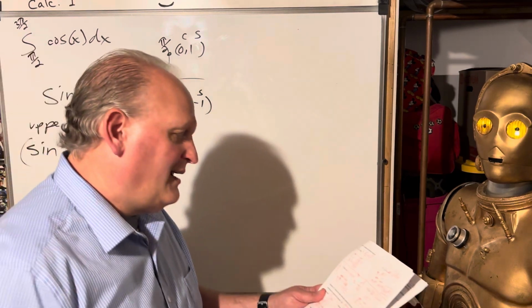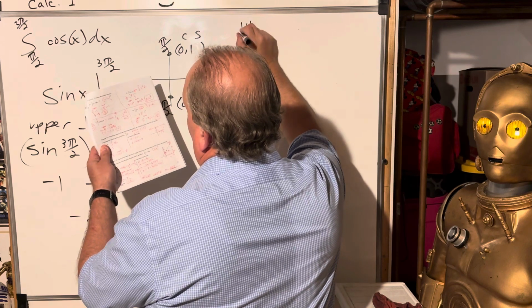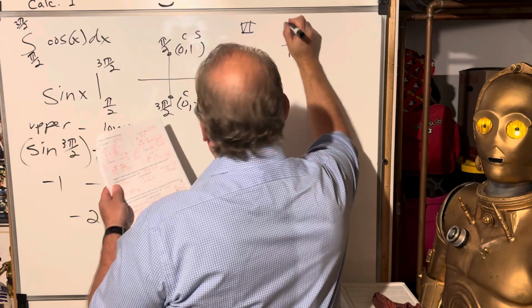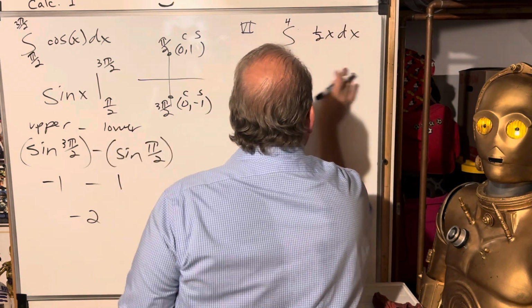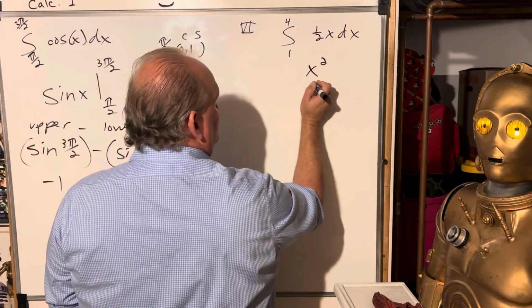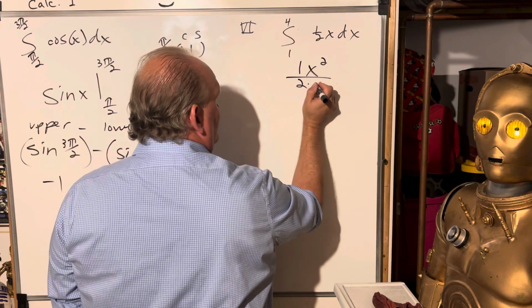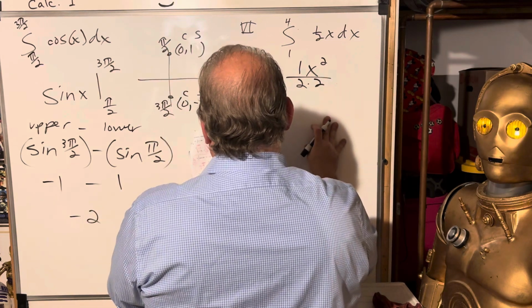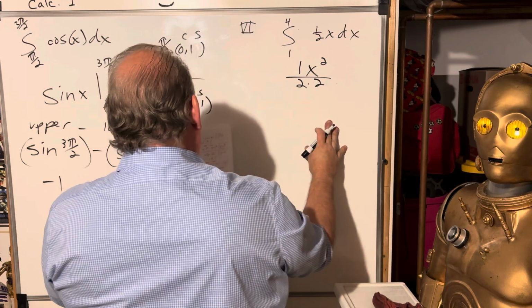All right, let's get the last one in this little section, from 1 to 4 of 1/2 x dx. Remember you add 1, so it's a 2. And there's already a 2 down there, and now we add another 2 down there, so that should be 4, right?